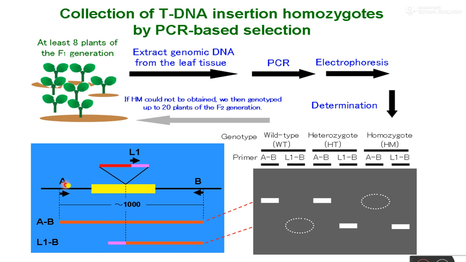The length of A to B will increase by around 15 to 30 kb, right? And as a result of that, the main function, or you can say the main property, of this gene will be hampered or compromised. So in this way, a tDNA insertional mutant line is generally developed.